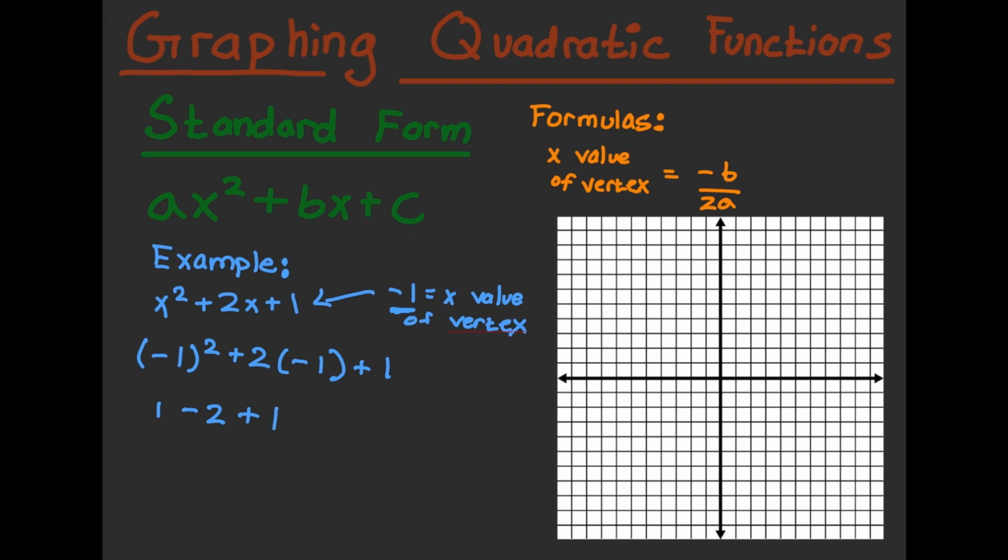This simplified further is negative 1 plus 1, or 0. Now, we know our vertex is negative 1, 0, and our y value is simply 0.